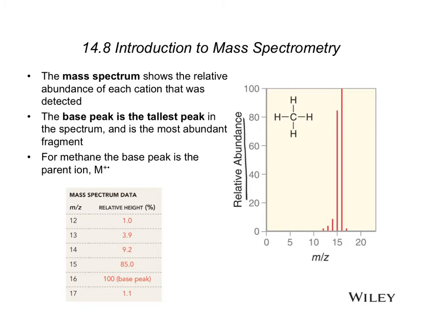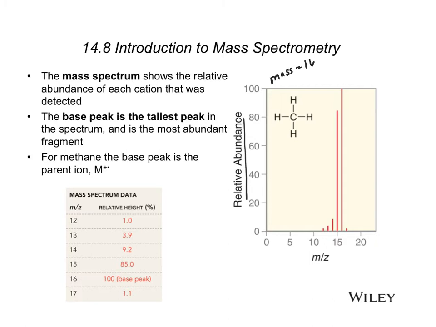On our x-axis, we have the mass to charge ratio, and on our y-axis, the relative abundance. So number 1, what is the molecular mass of methane? Carbon is 12, and then 1, 1, 1, 1, so 12 plus 4 is 16. So the mass here is 16, and we already know that.